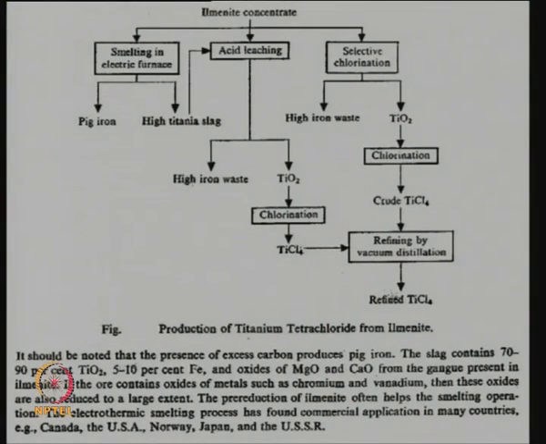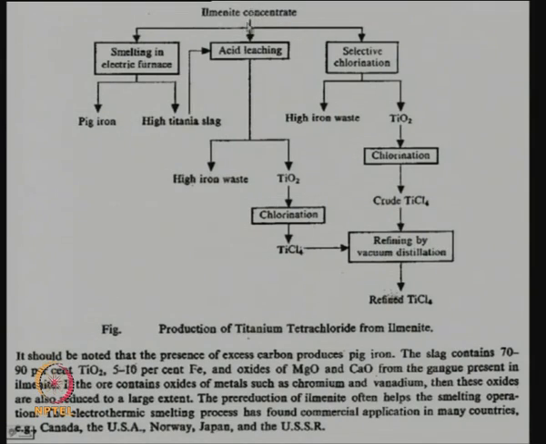Now, here is what I just now mentioned, put in a flow sheet form. We produce an ilmenite concentrate, then we have the following choices. We go for smelting in an electric furnace, which will produce pig iron, and we produce high titania slag, just like an electric furnace operation.